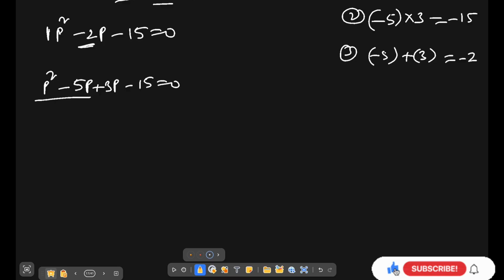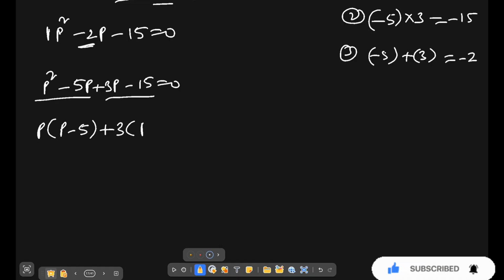From the first two terms, let's take p common. If we take p common, we get p of p minus 5, and if we take 3 common here, we'll get p minus 5, equal to 0.